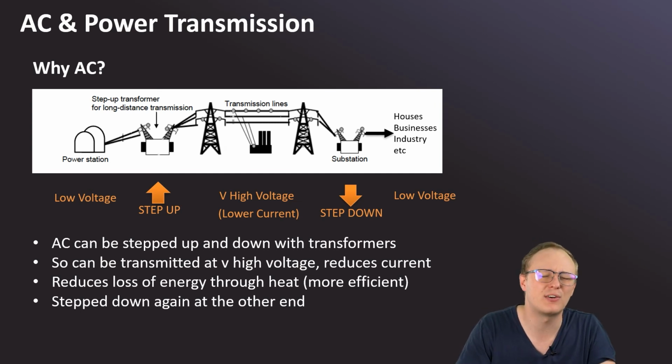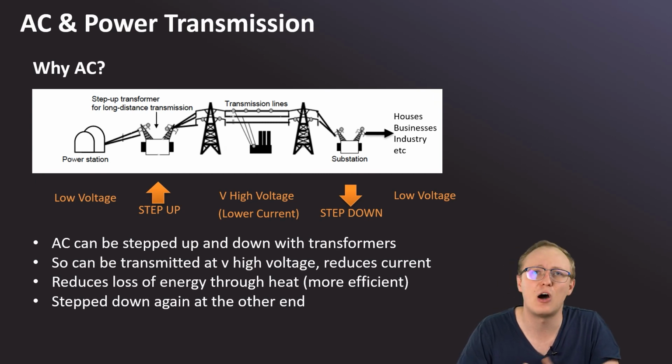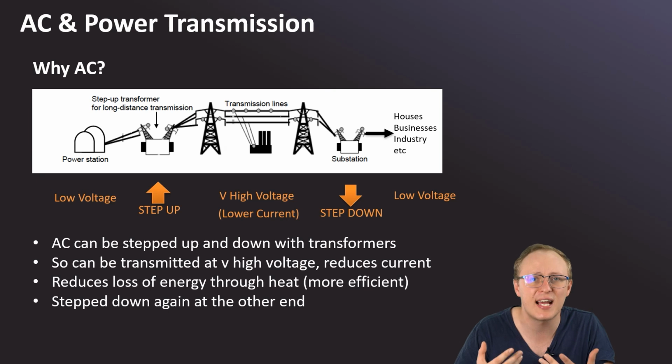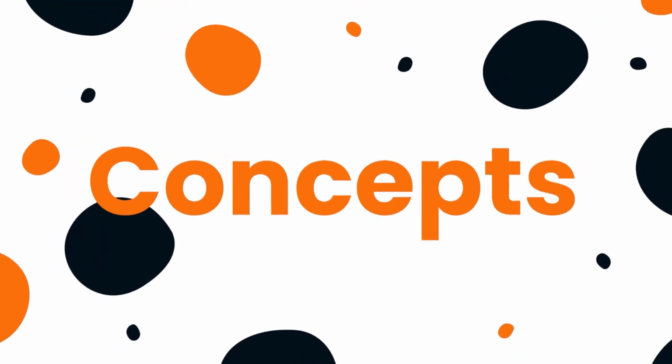If you think about the many kilometers of power lines all over the country, and how far we need to transmit this electricity, it makes a lot of sense to step up to very high voltages so that we can get out as much of the energy we generated as possible at the end of the day.